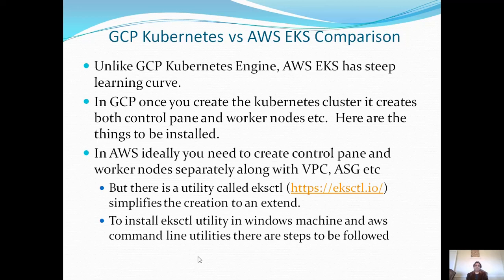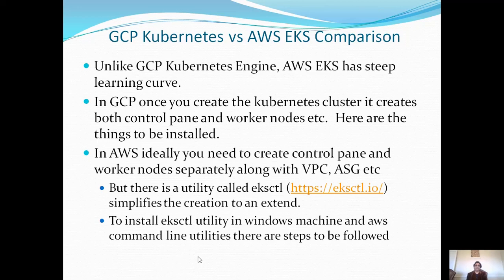I just want to talk about the comparison between GCP Kubernetes and AWS EKS. For GCP, the console comes with many things preloaded. As soon as you log in to the GCP console, you can go to Cloud Shell and get many prepackaged things.